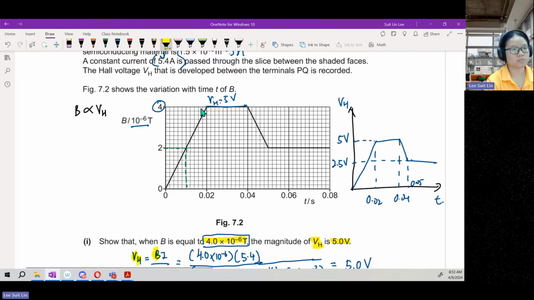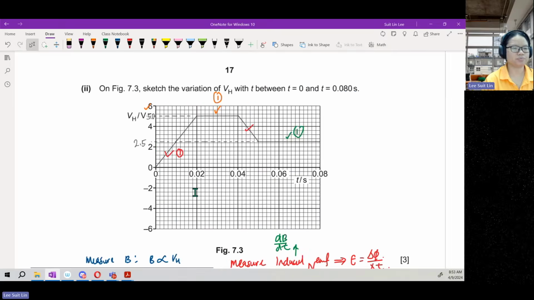Okay, so along this line is the changing magnetic field. So along this line, B is changing. Okay, so I can take the gradient of this line. Let me write that down for you.